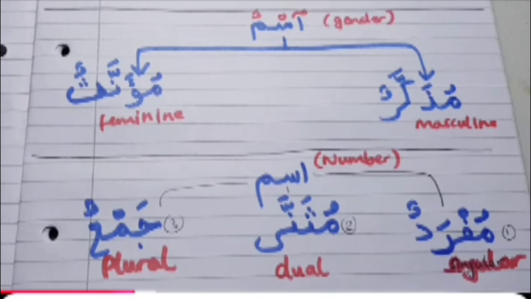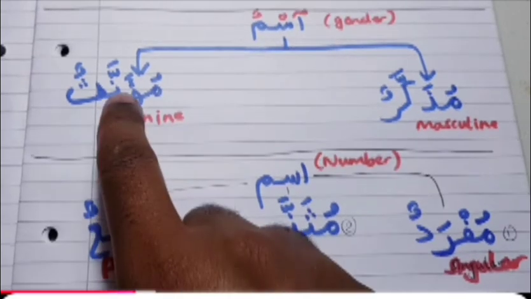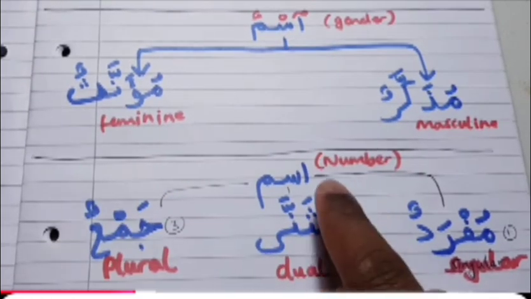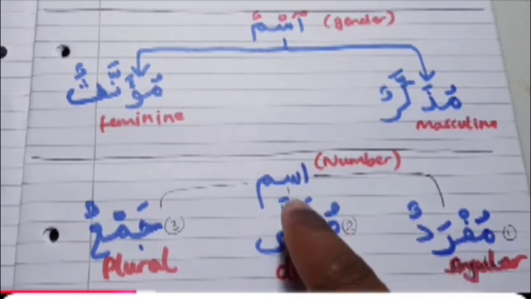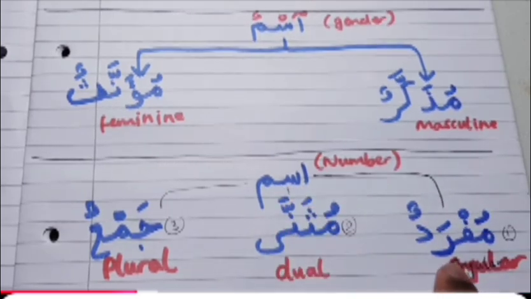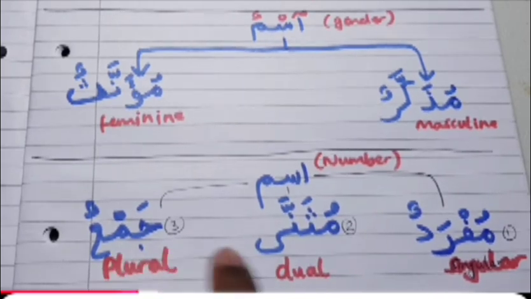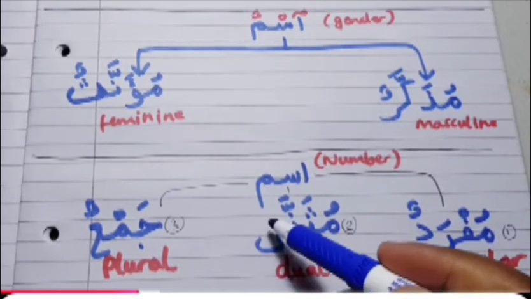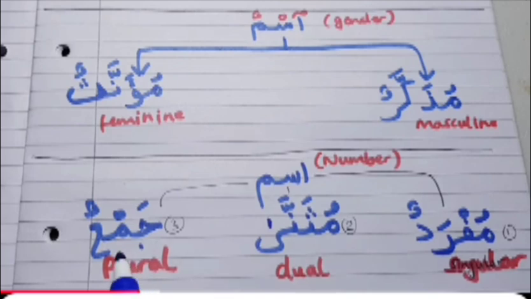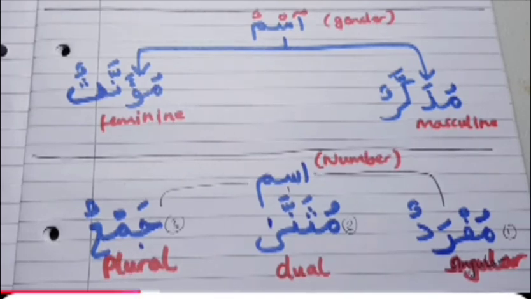In terms of number, every noun carries a number within it. It's either going to be singular, mufradun, dual, muthanna, where you stretch it with an alif, or plural, jam'un.